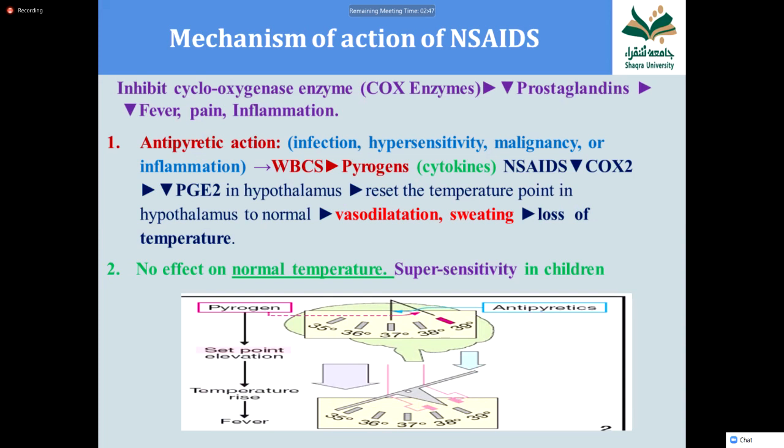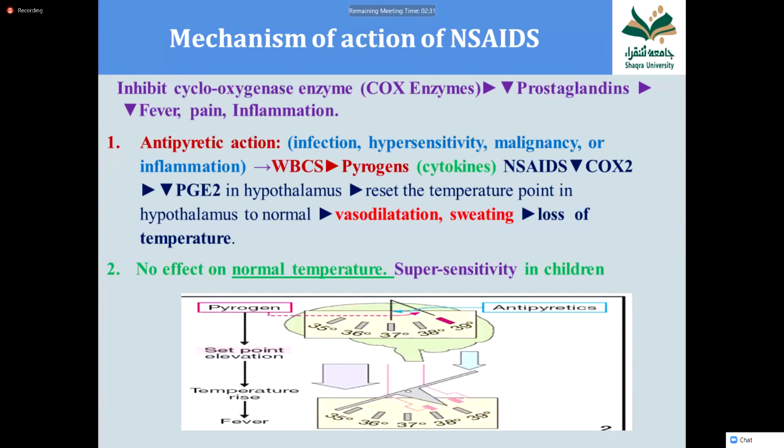So the antipyretic effect: pyrexia is induced because of infection, hypersensitivity, malignancy, or inflammation, and WBC plays a great role.